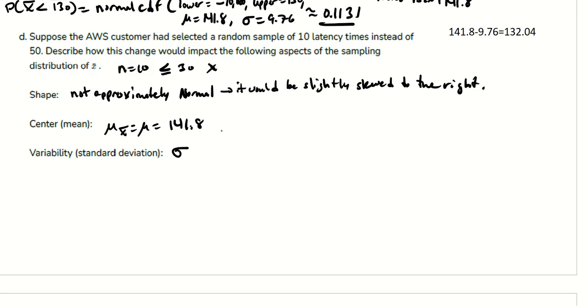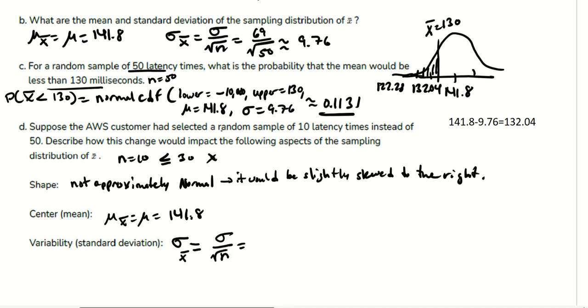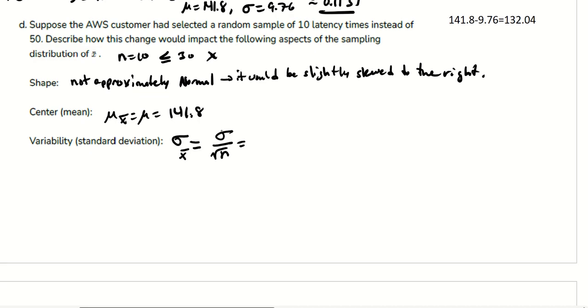And the standard deviation, now that's going to change, right? The standard deviation would increase because you're decreasing the n. So it would be sigma over square root of n. Is it 9.76? Hold on, let me double check. 69 over square root of 10.